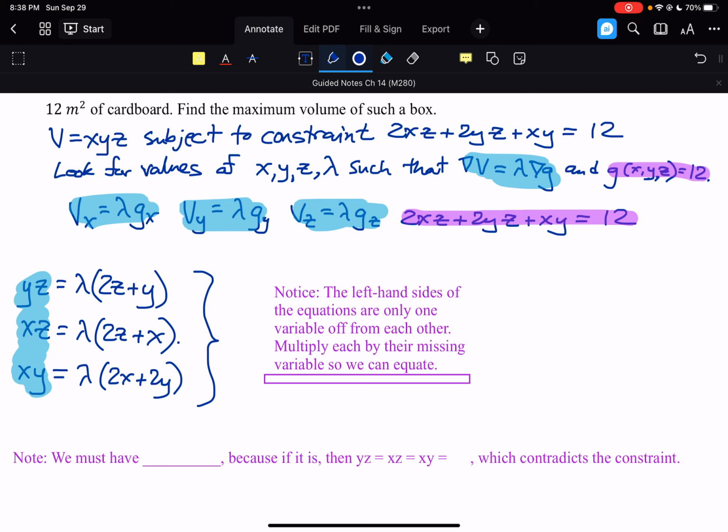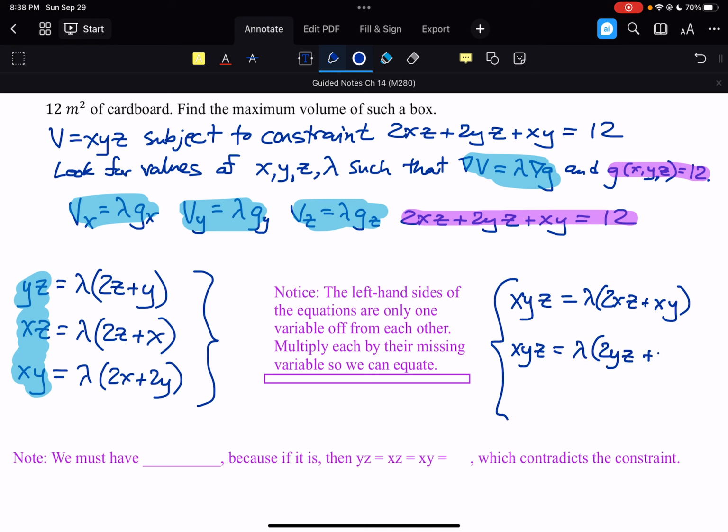Next one's missing y, so whole thing times y, and then last one, whole thing times z. So if we come out on the other end of this, we're going to have xyz equals lambda, I'll multiply the x in, so 2xz plus xy. Second one, xyz equals lambda 2yz plus xy. Third one, xyz equals lambda 2xz plus 2yz.